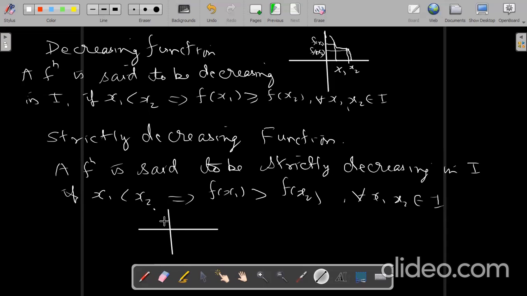Decreasing means it will go like this. Okay.